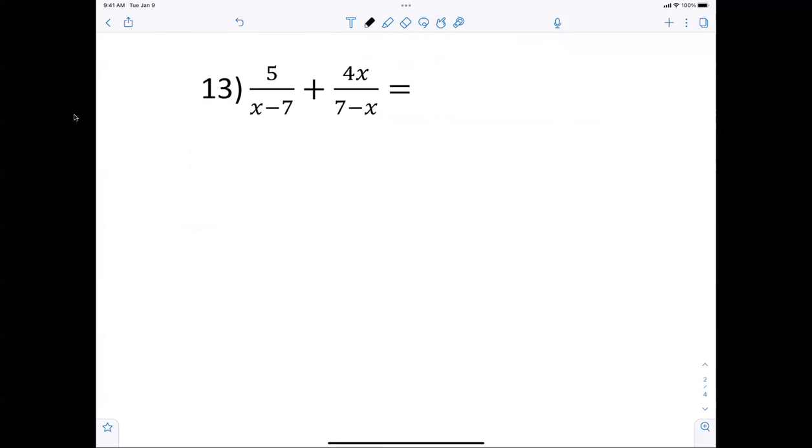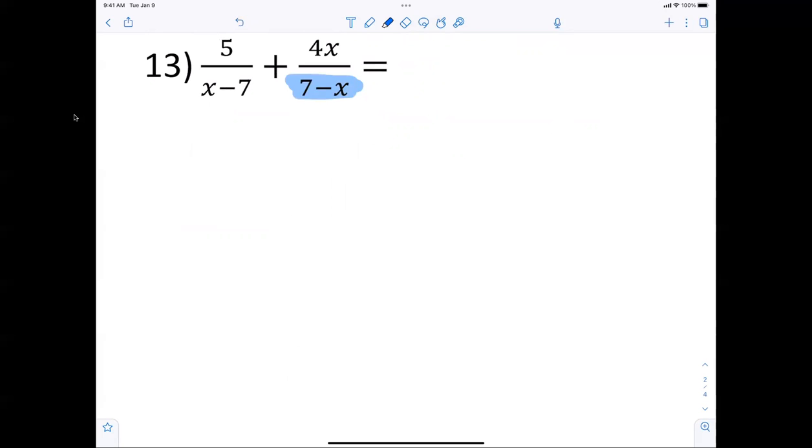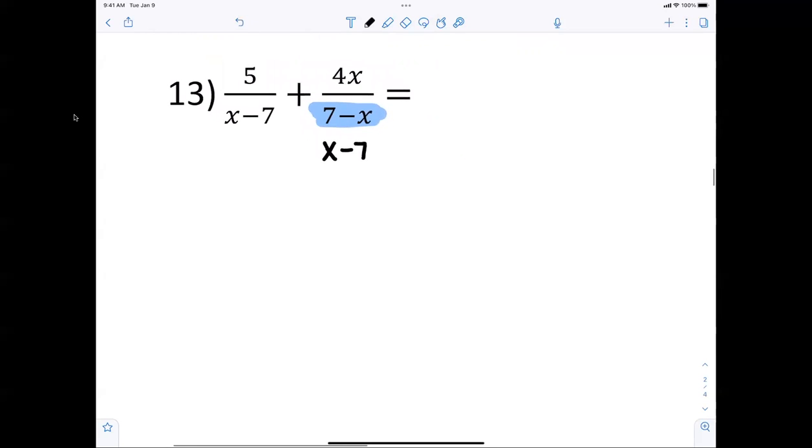Now, some of you did some crazy things on this because you forgot this rule right here. Just multiply by what? -1. So when you do that, the denominator becomes x minus 7, and the numerator becomes -4x. You can change it to subtraction, it's the same thing, right?